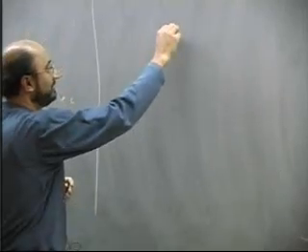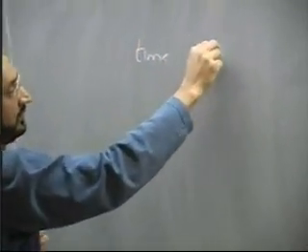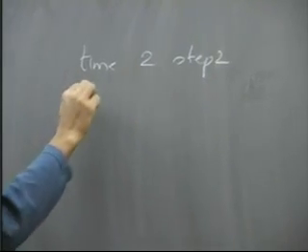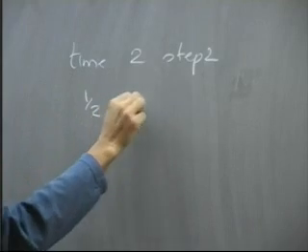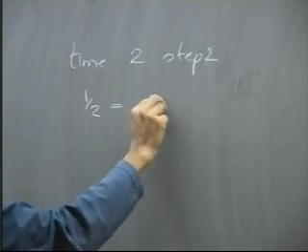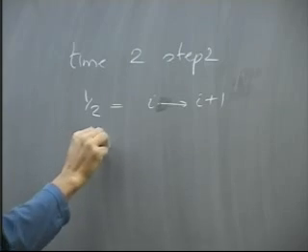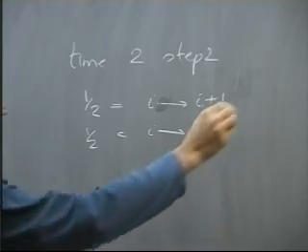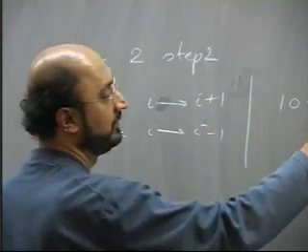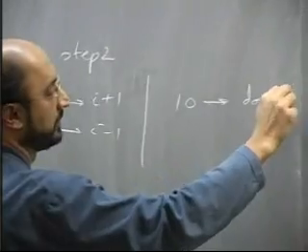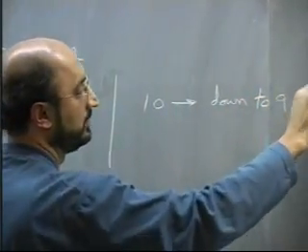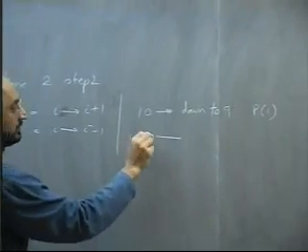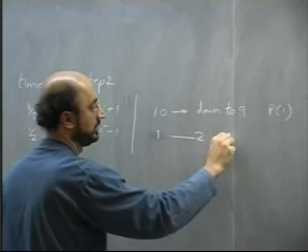So let's say at time 2, this guy's at step 2, and let's just use the same thing. We have probability half of going from step i to i plus 1, and probability half of going from i to i minus 1, except at stair 10 and 0. At 10, you go down to 9 with probability 1, and at 0, you go up to 1 with probability 1.